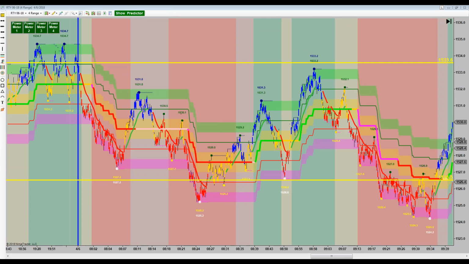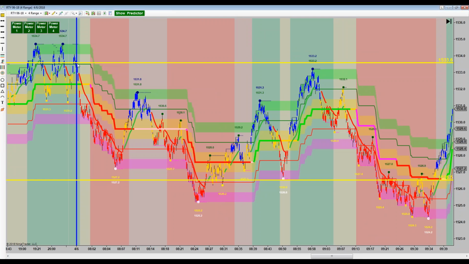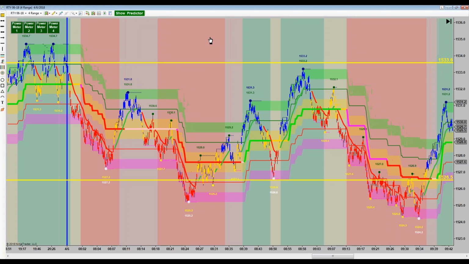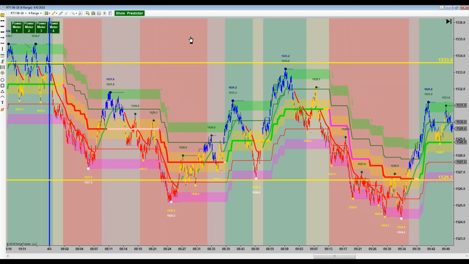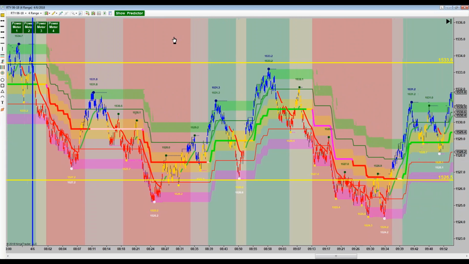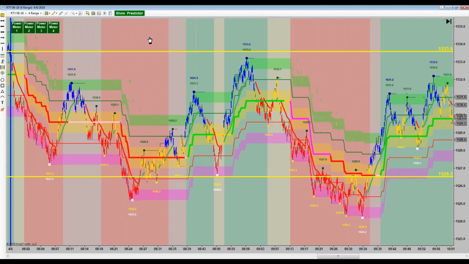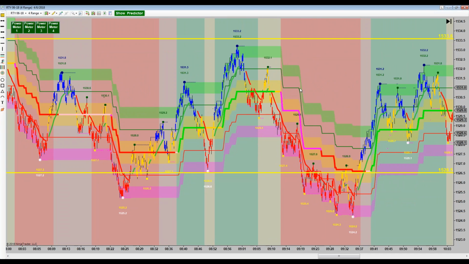Here we go. Now this is later in the morning. This was 9:30 a.m. Pacific time on Friday on the Russell. All right, here are our lines from the range, right? Okay, here we go. I'm going to advance the chart. I'm going to do this fairly quickly. Okay, here we are at 10 o'clock.